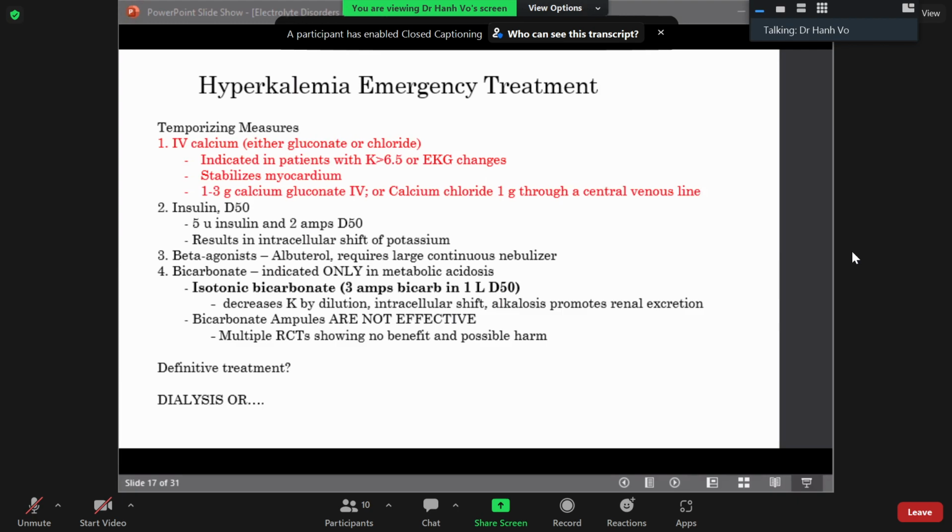We will administer 1 to 3 grams of calcium gluconate by IV, or calcium chloride through a central venous line. After that, we will give insulin with dextrose, beta agonist by nebulizer, and we administer bicarbonate in case of metabolic acidosis.